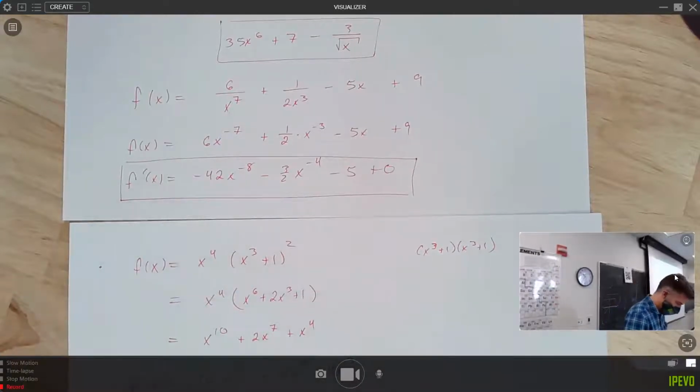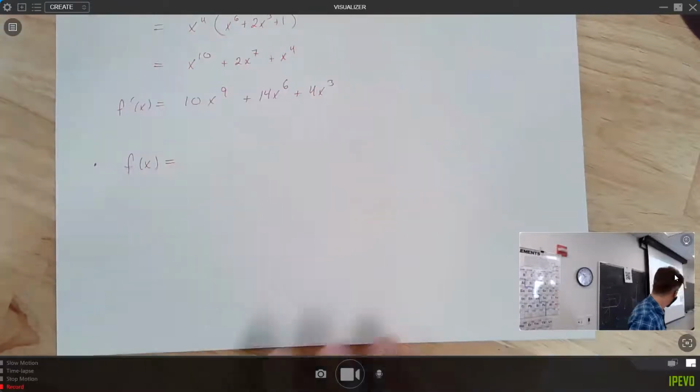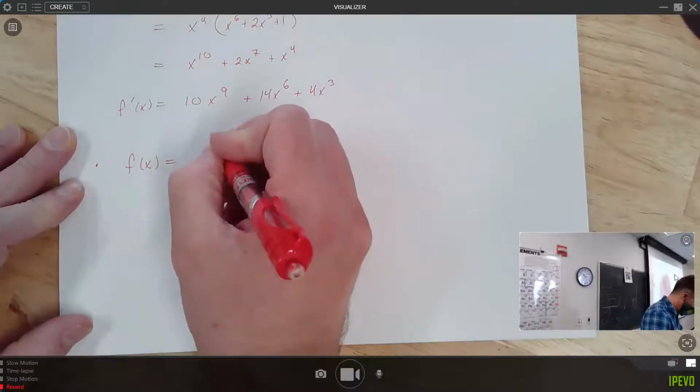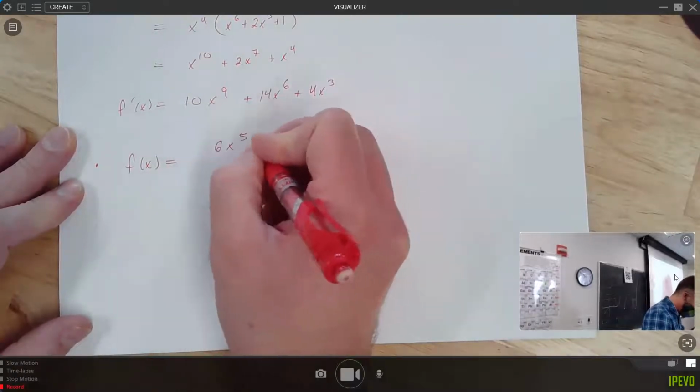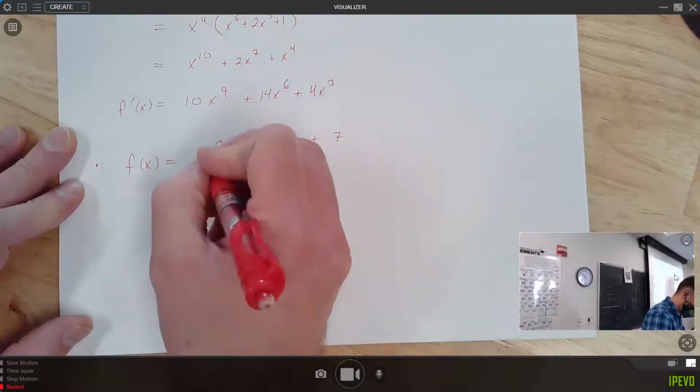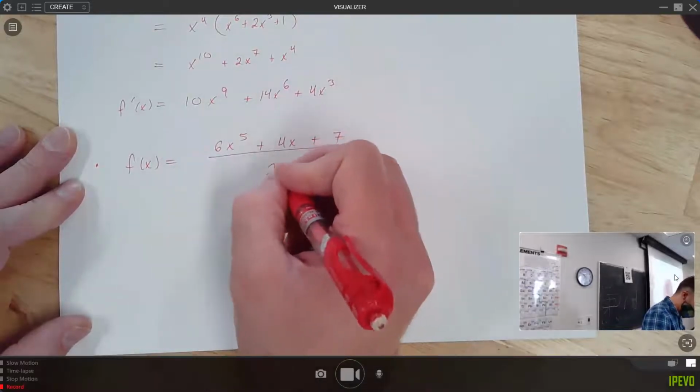Or we might have something like this. Let's say we had f of x equal to 6x to the 5th plus 4x plus 7, all divided by 2x squared.